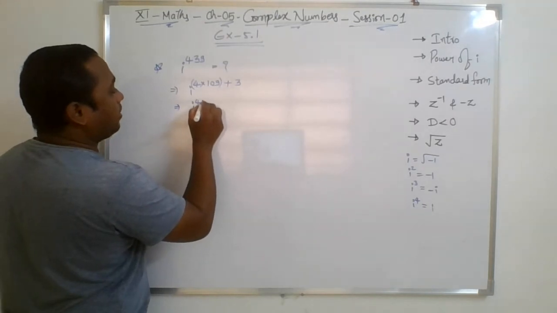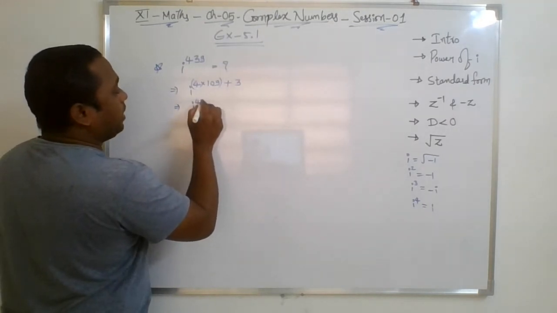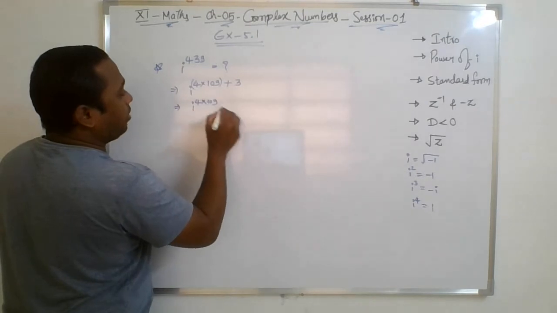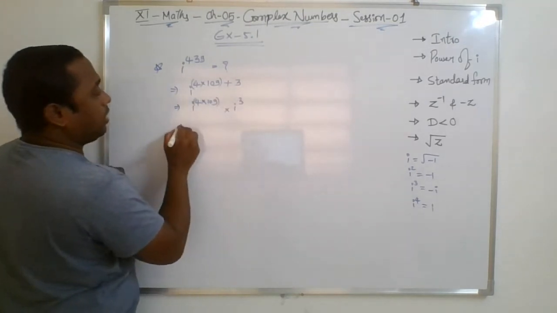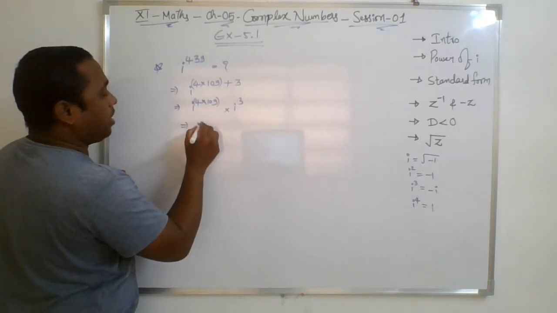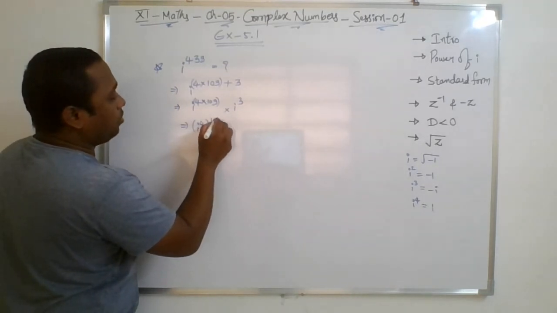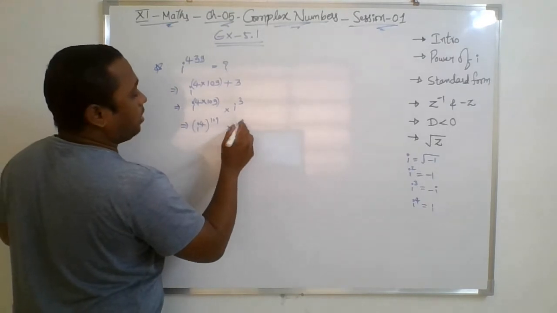So it can be written as i to the power 4 whole to the power of 109 into i cube.